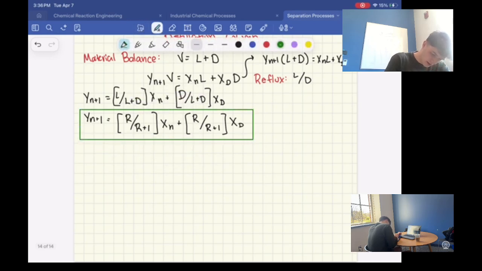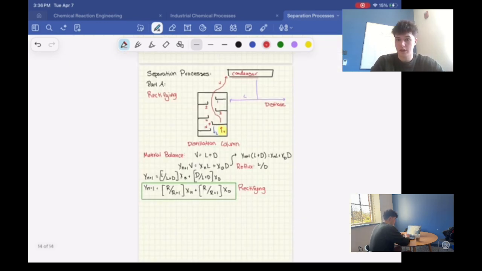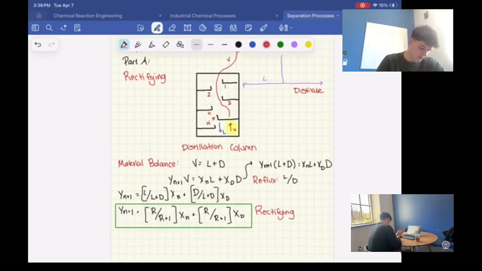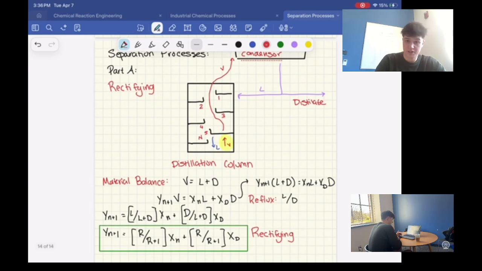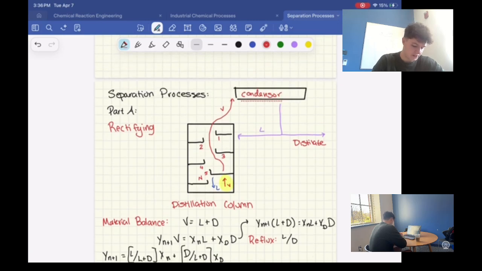There we go. I'm going to label this rectifying. So now we've completed the rectifying portion, and I will just give you a little bit of an overview. We started with this distillation column with our trays, and we are looking at the vapor in this situation. As the liquid drops, we're going to boil off the vapor into this condenser.